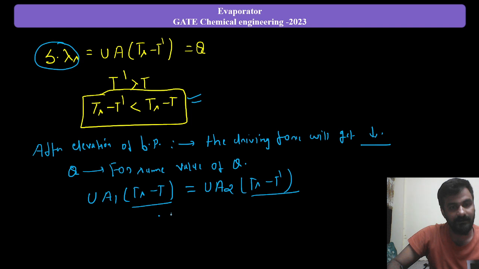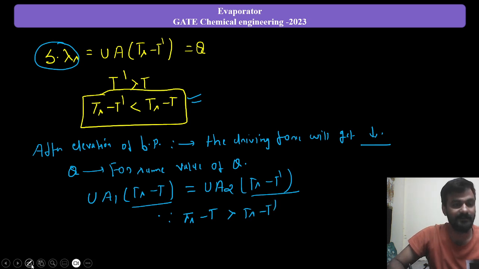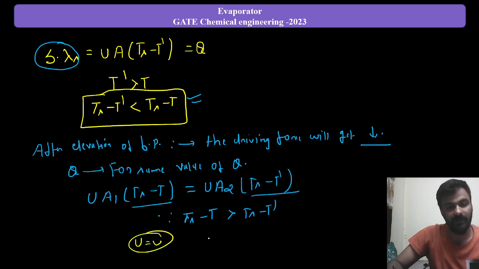Since TS minus T is greater than TS minus T dash, and U is equal to U, what can I say? So A2 should be greater than A1.